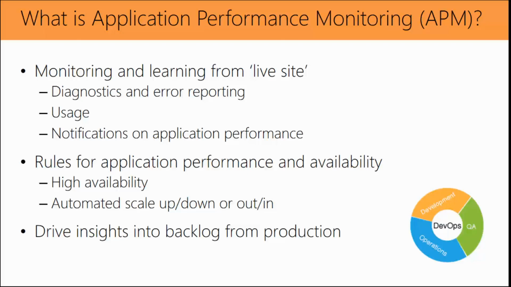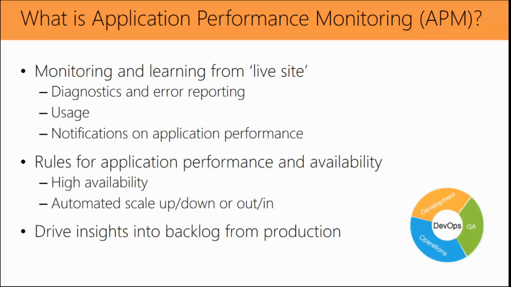So we'll take a look at how to monitor, and before I discuss the tools, here we're just talking about the rules for application performance and availability. Similarly, automated scale up and down, or in and out, is part of your rules and should be built into your DevOps environment.